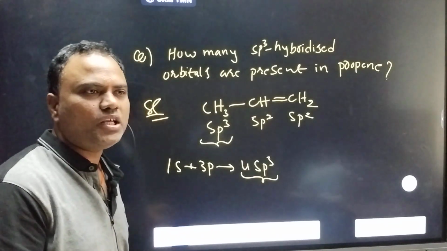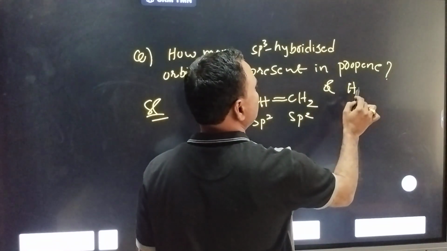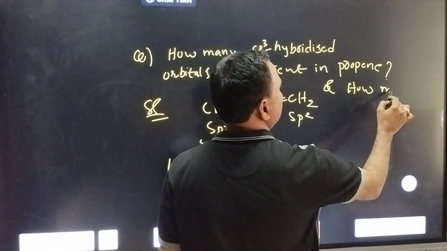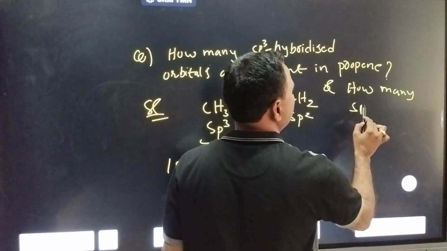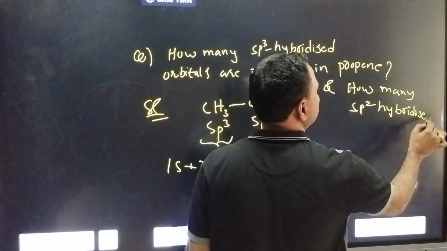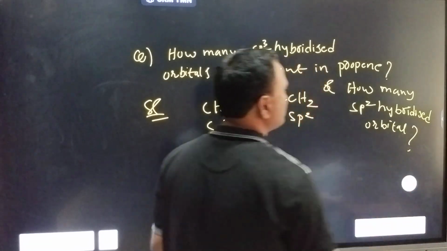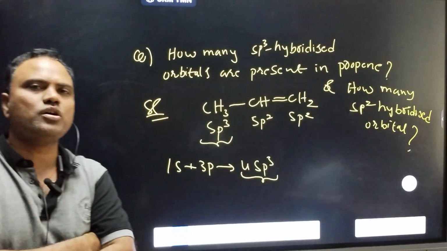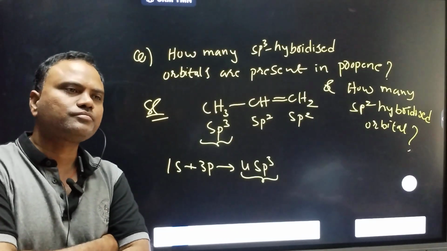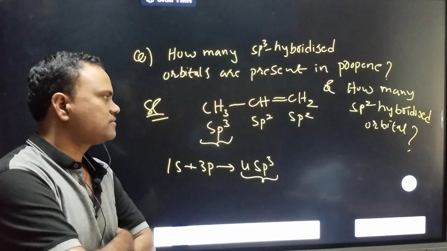Now can you say how many sp2 hybridized orbitals are present for the same question? Online students. How many sp2 hybridized orbitals are present? 6.